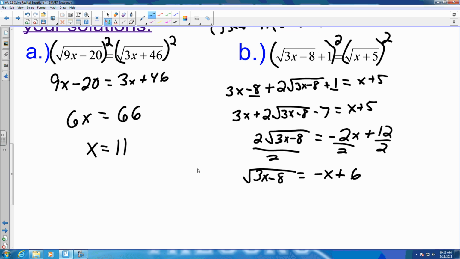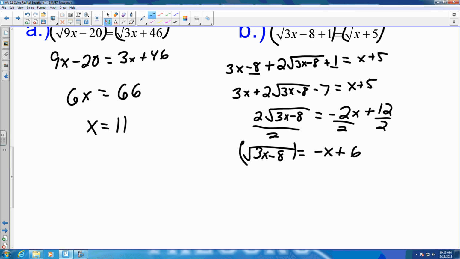Now from here, I can square both sides, which leaves me with 3x minus 8 equaling, if I FOIL this out, x squared minus 12x plus 36. So now I can set my left side equal to 0.